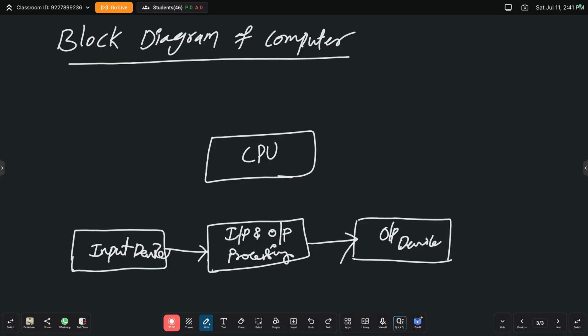In the middle, processing is there. Are you clear? Every electronic device, wherever you are importing or embedding your software, that is a computer. That is what you should understand. Block diagram is common for all the cases. Are you clear? So in this way, you should think.